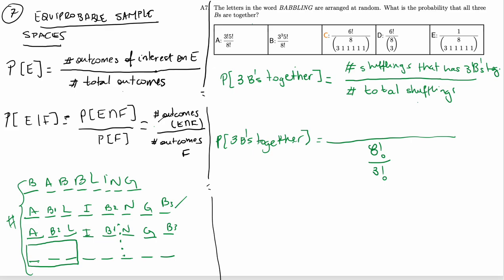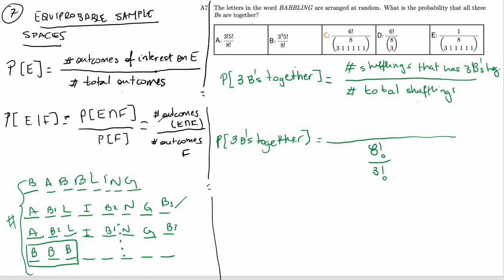Think about this. Think of having 8 boxes, and imagine that I have alphabet letters here, like kid alphabet letters. And what I'm doing is I glue the 3 boxes together, and I throw the B's inside this box so that I'm guaranteeing that they're not being separated. Okay?